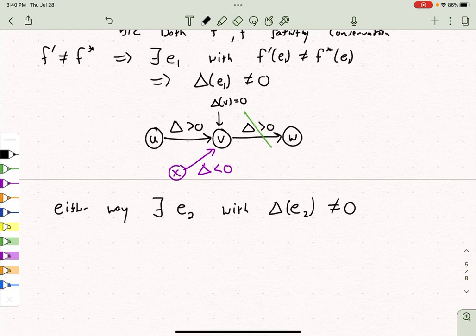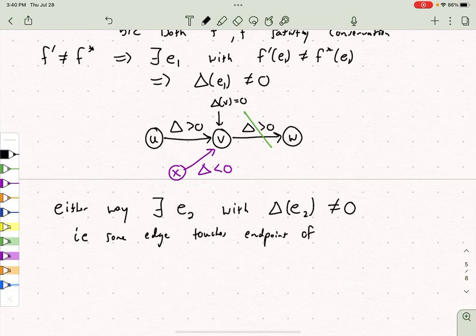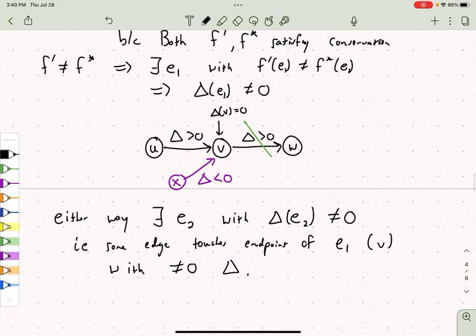So either way, we have some E1, and we have some edge that's touching the endpoint of E1, which is V, with non-zero delta value. So we know that has to be true because of conservation. So it's one of these cases.